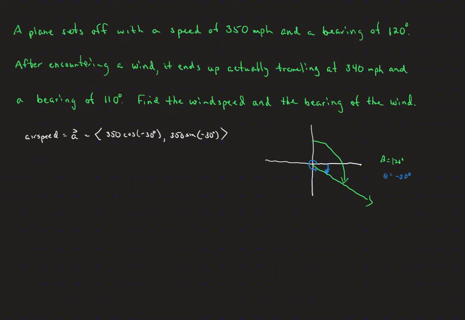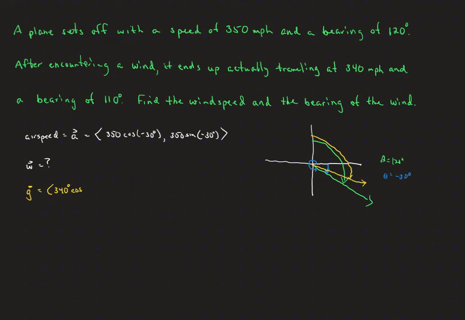And we don't know what the wind speed vector is. That's what we're looking for here. After the wind acts on our plane, we're going to be traveling at 340 miles per hour with a bearing of 110. That's going to get us to our ground speed vector. I'm going to give that a different color. So let's say that our ground speed vector is going to be its magnitude, which is 340, times, and now I have to change that bearing of 110, which would be a little bit short of that 120.